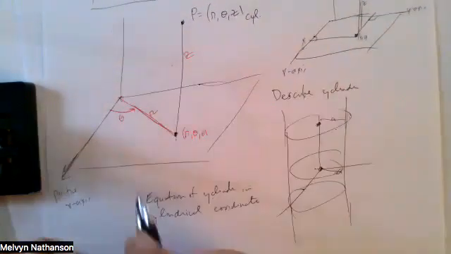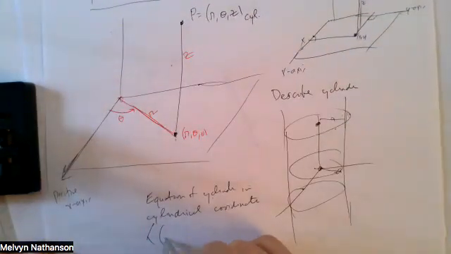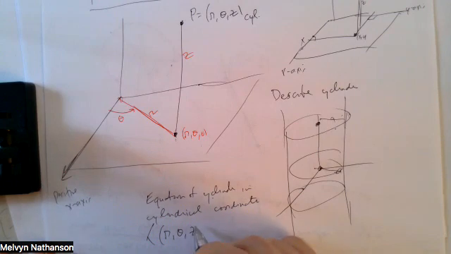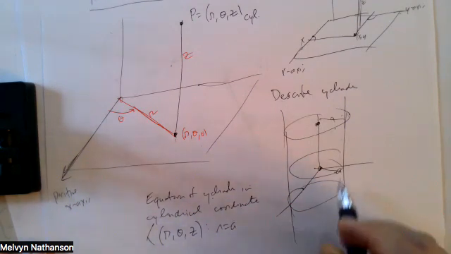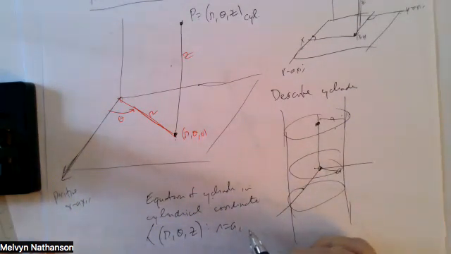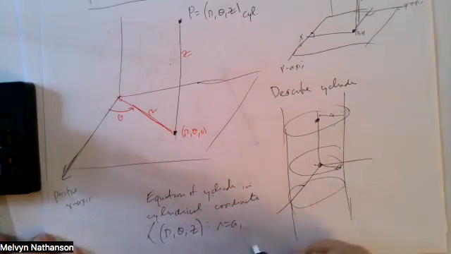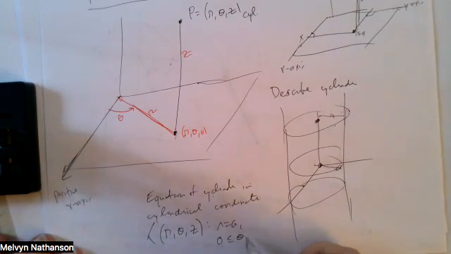This is just exactly the set of all points r, theta, and z, where r is equal to a, the distance to the z-axis. Theta is any angle between 0 and 2 pi, and z is completely unrestricted.